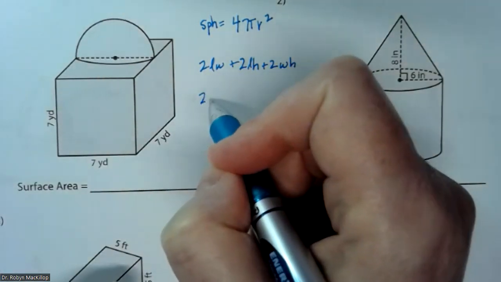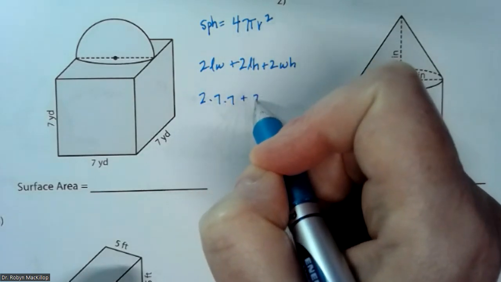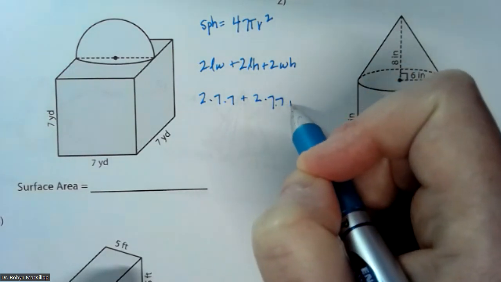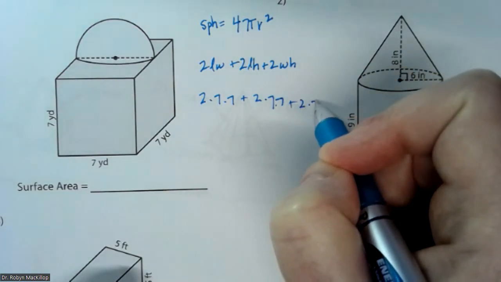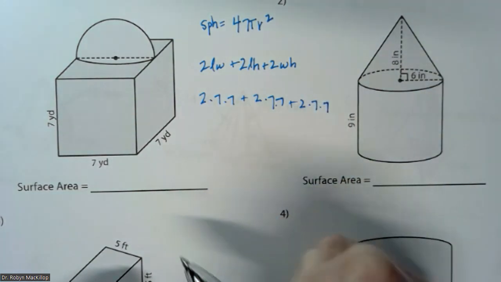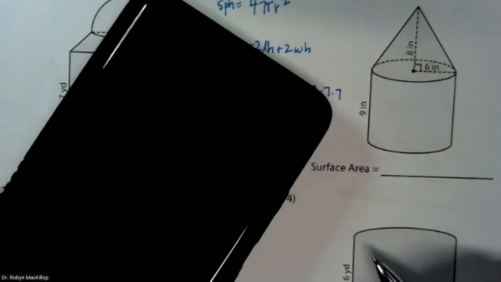It's going to be 2 times 7 times 7 plus 2 times 7 times 7, plus 2 times 7 times 7.